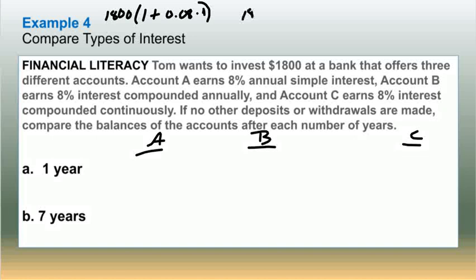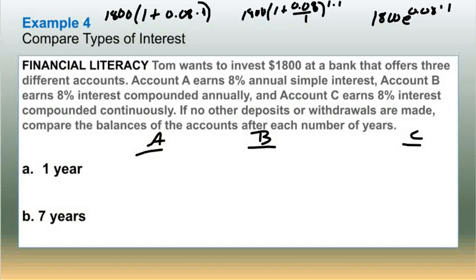B would be 1,800 times 1 plus the rate, 0.08 divided by 1, compounded annually, that's once, raised to the 1 times 1. And then the other one would be 1,800 e raised to the 0.08 times 1.